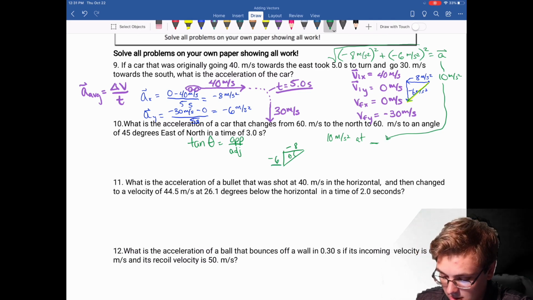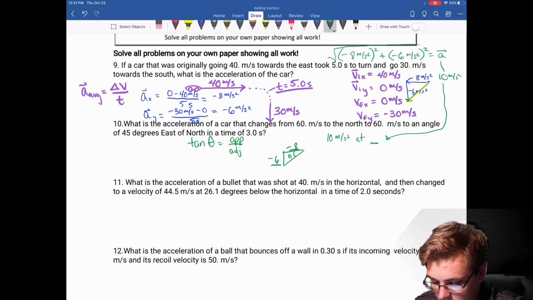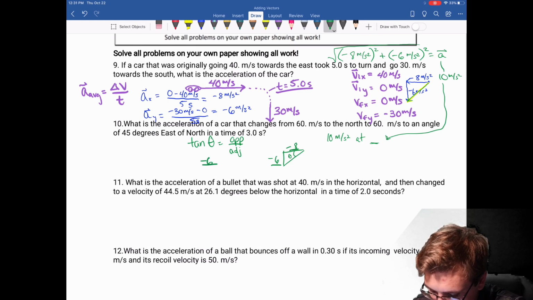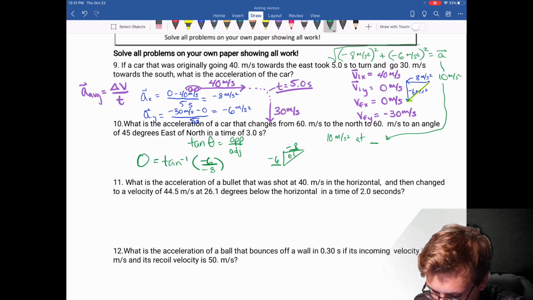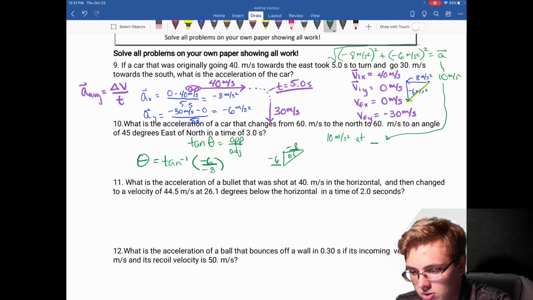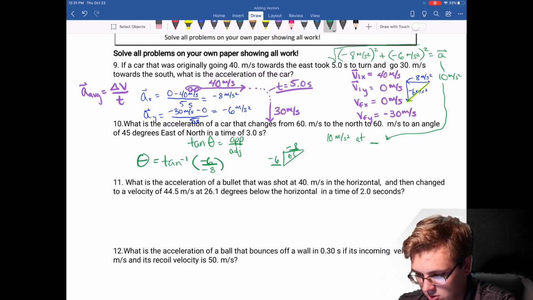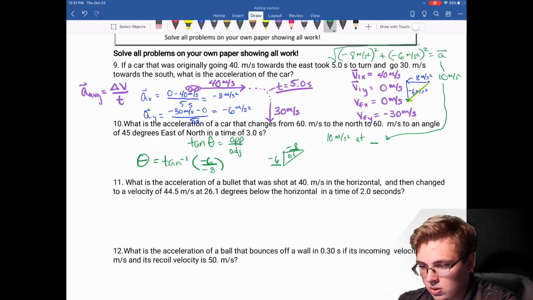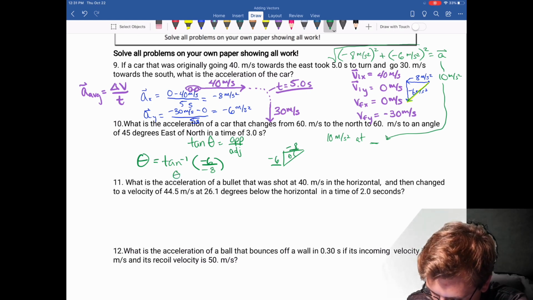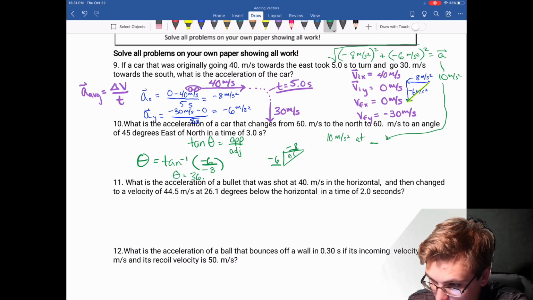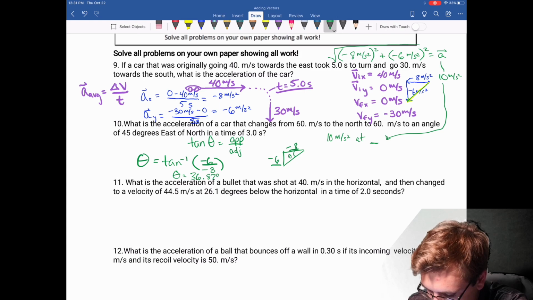Our opposite is negative 6 and our adjacent is negative 8. So we have tangent inverse of negative 6 over negative 8 equals our theta. So our theta is going to equal 36.87 degrees.